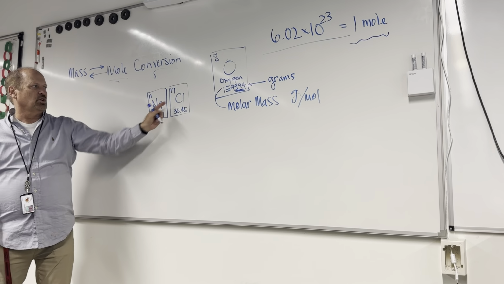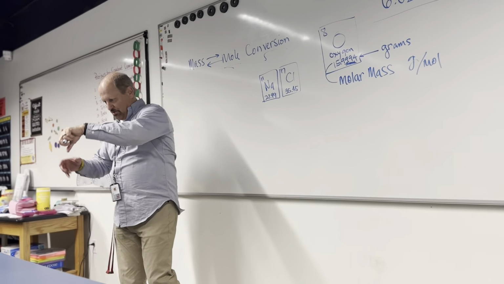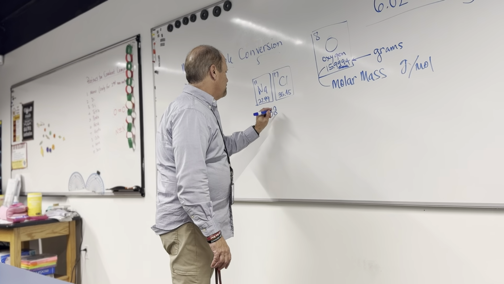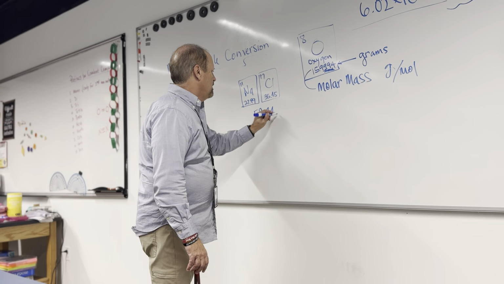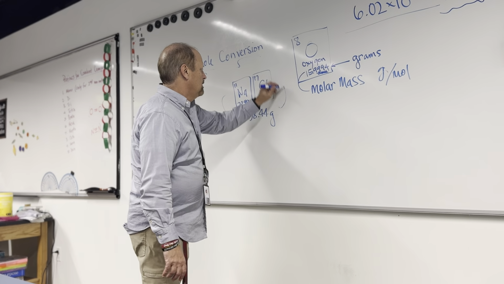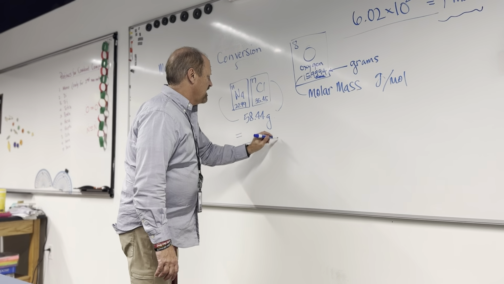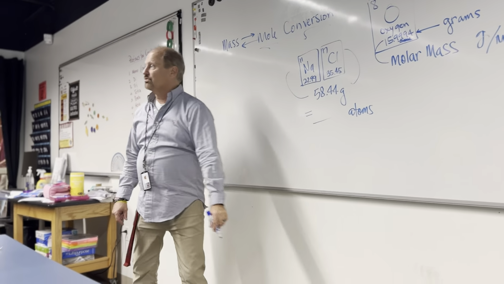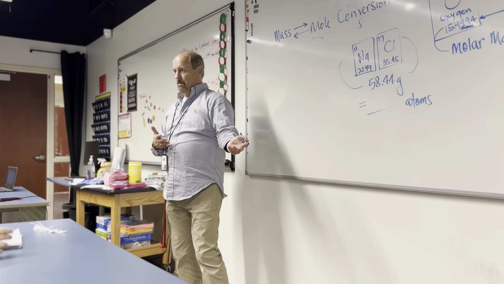And if I have sodium chloride and I put it on a scale and I pour it out and I have 58.44 grams of this, how many atoms is that? Or how many molecules of sodium chloride? Right?